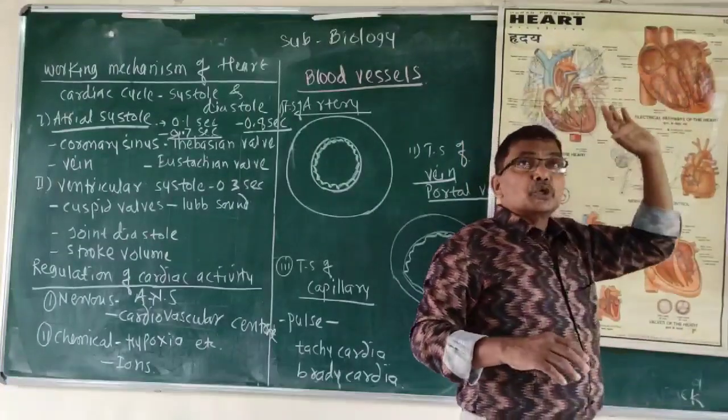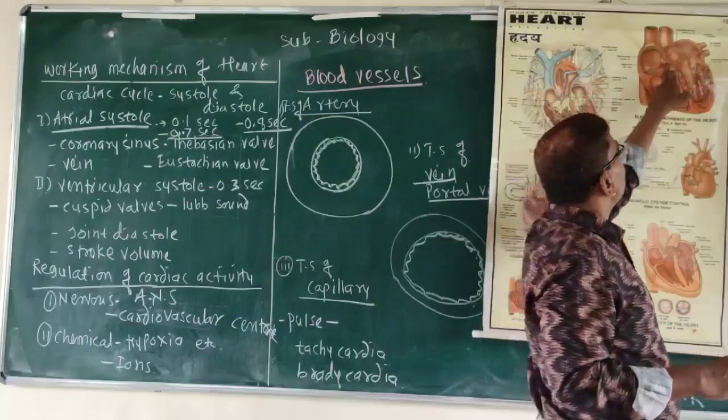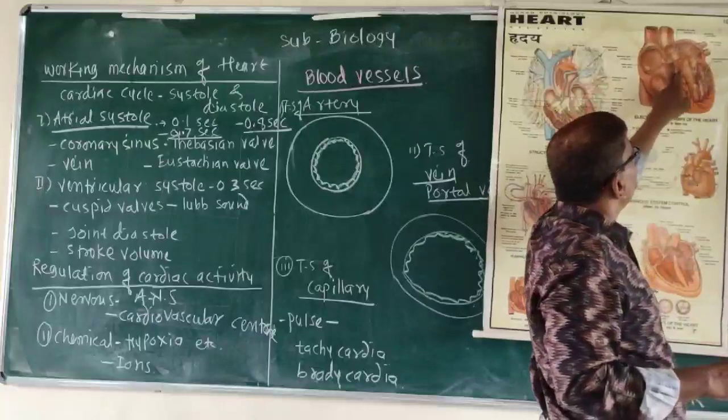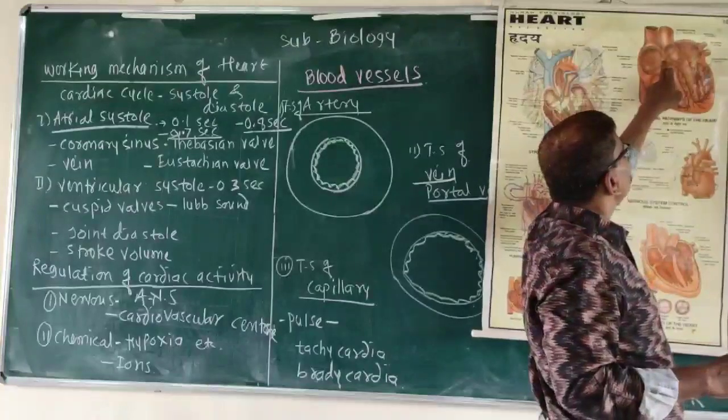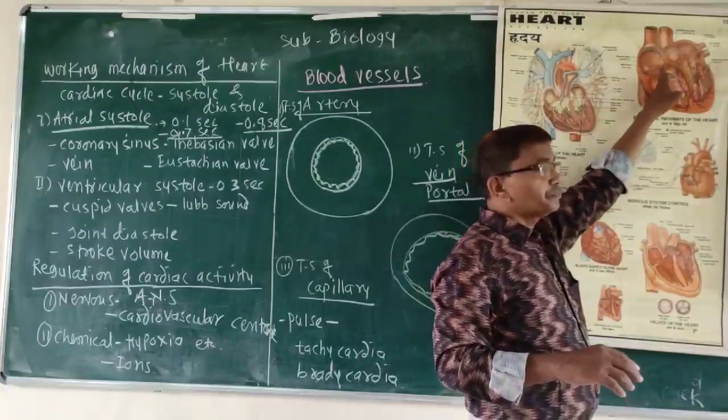Then ventricular systole starts, which is initiated from the atrioventricular node. The atrioventricular node is stimulated due to the wave of contraction which reaches it from the SA node.